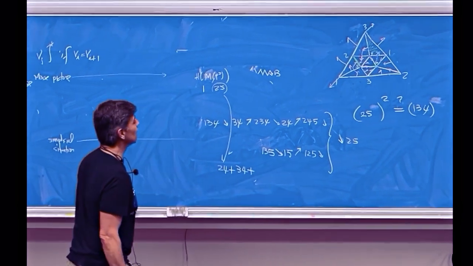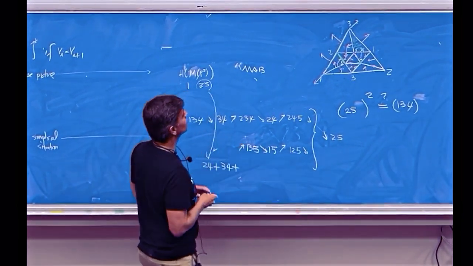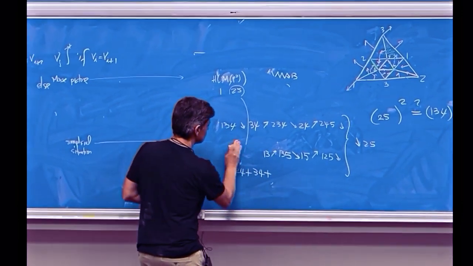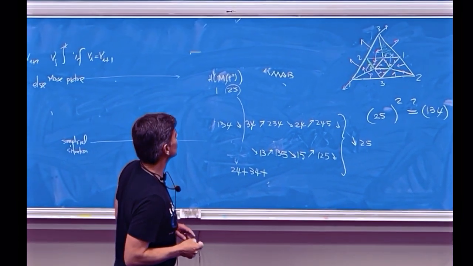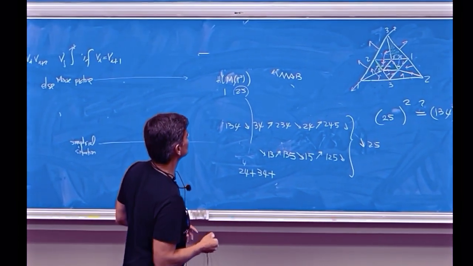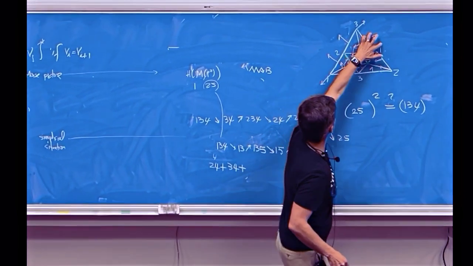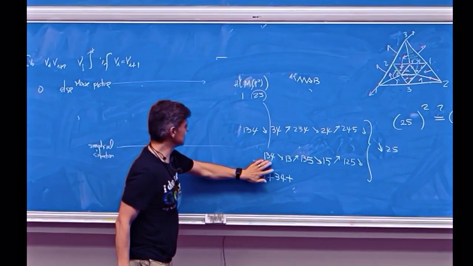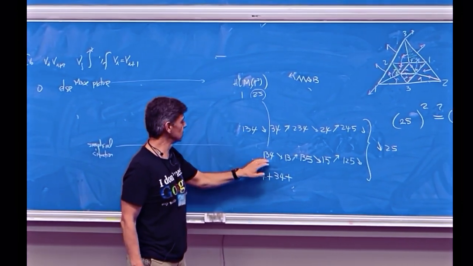So you have 135, and 35 is the friend of 13. And then this is also the face of 13, 143, 134. Here is 13, which is here, and it is also the face of this triangle. And as before, this is the end. There are no further pairings here because this is critical.